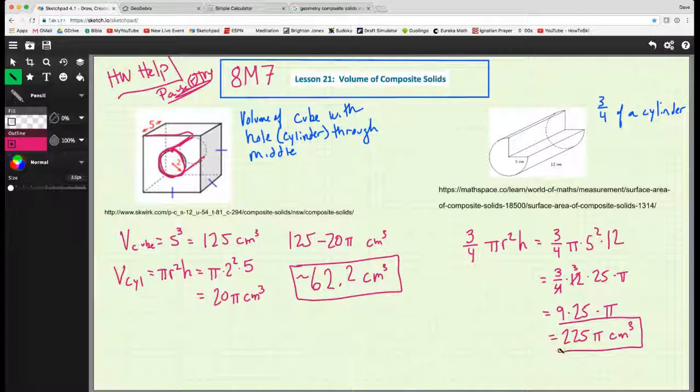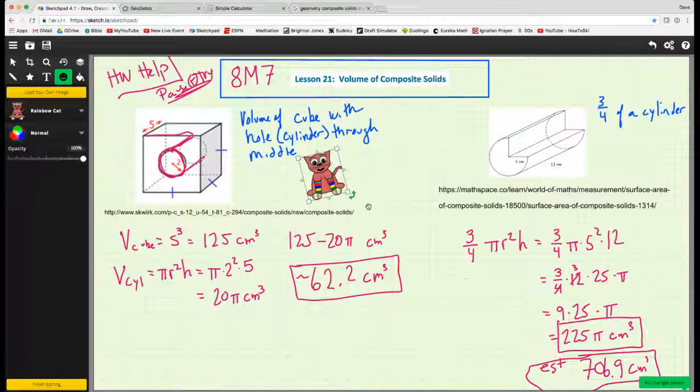If you want to multiply that out and take an estimate, you can do that: 225 times pi, and you would get an estimate of 706.9 centimeters cubed.